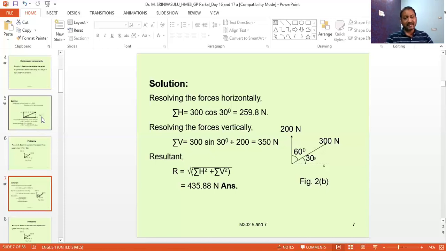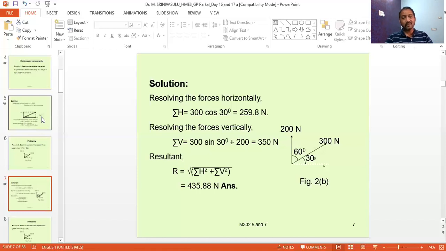So the horizontal component will be 200 into cos 90, and cos 90 is 0. So that's why we have not taken the horizontal component of that vertical force into consideration. So sigma h is equal to 300 into cos 30, that is 259.8 newtons.